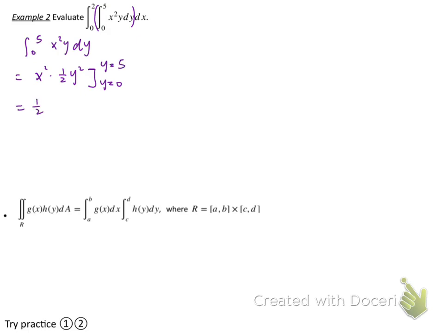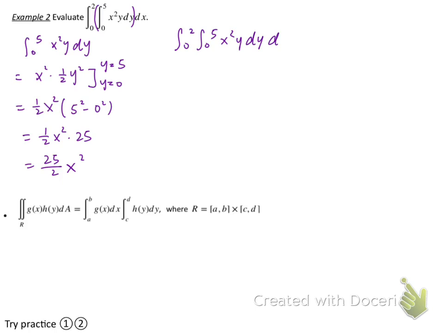This is 1/2 x squared, y squared, 5 squared minus 0 squared, and this will give me 25. Well, let me slow down. 1/2 x squared times 25, or 25 over 2 x squared. Then I'll go back to the whole integral, 0 to 5, x squared y dy dx.